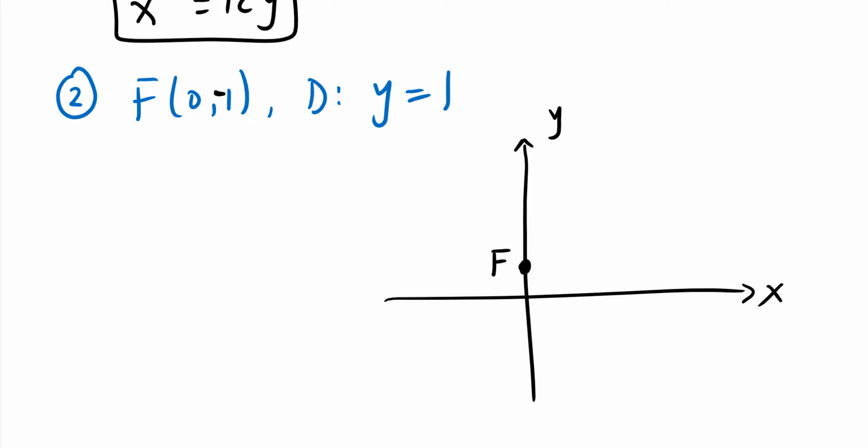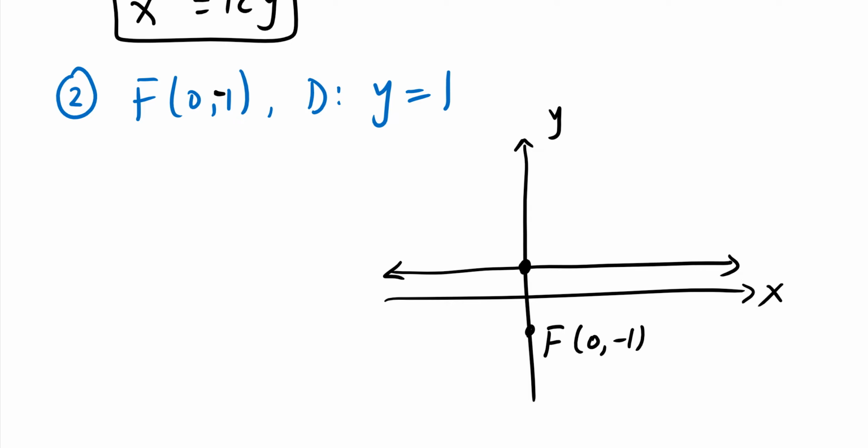Let's make it -1. So the focus is (0, -1), and y equals 1 is a horizontal line that goes through 1. So halfway between them is the vertex. This means the vertex has coordinates (0, 0).